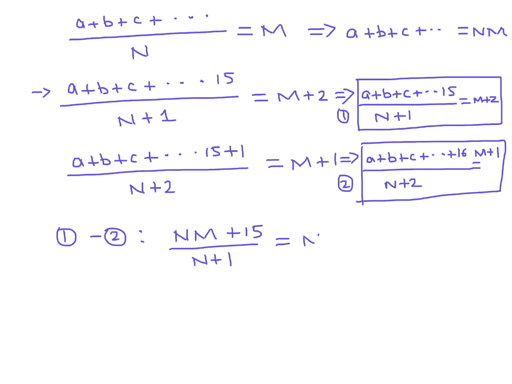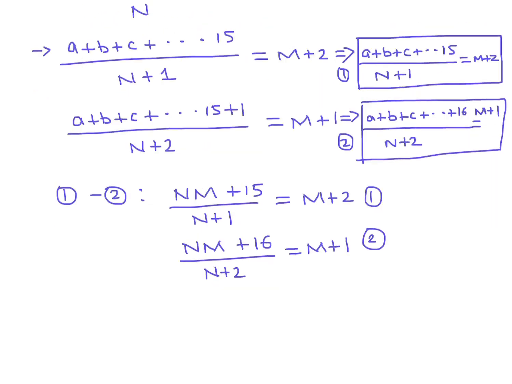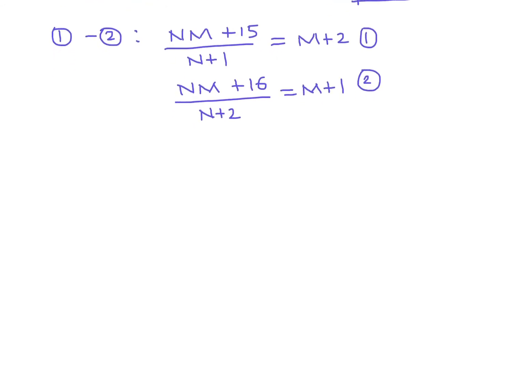And that equals m plus 2. So this is our first equation. And then our second equation simplifies to just nm plus 16 all over n plus 2 is equal to m plus 1. So you see how that's much cleaner. And now I can proceed with what I wanted to do originally, and it will be much better because we now only have two variables, n and m.